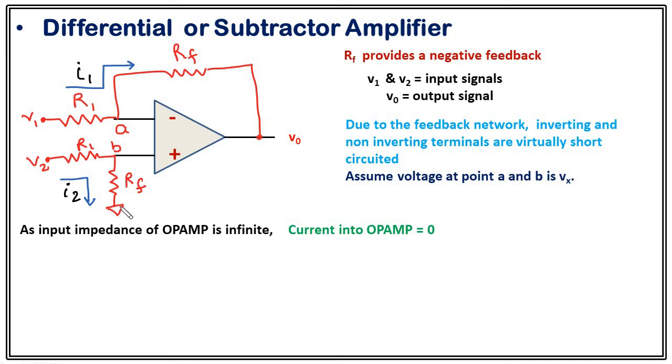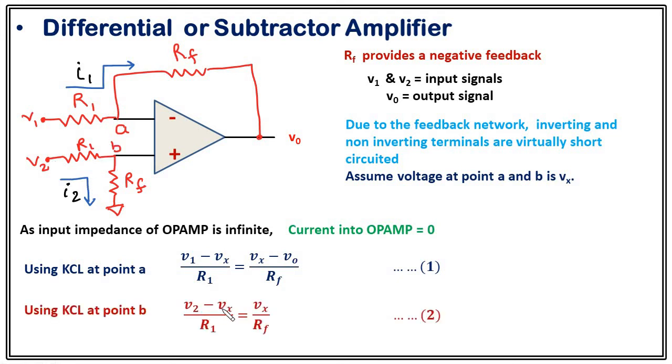Now we just need to apply KCL at point A. At point A, the current through R1 is equal to the current through Rf. Therefore, we can write (V1 minus Vx) upon R1 is equal to (Vx minus V0) upon Rf. Let's say this is equation number 1. Similarly, we apply Kirchhoff's current law at point B. We can write (V2 minus Vx) upon R1 is equal to Vx upon Rf.